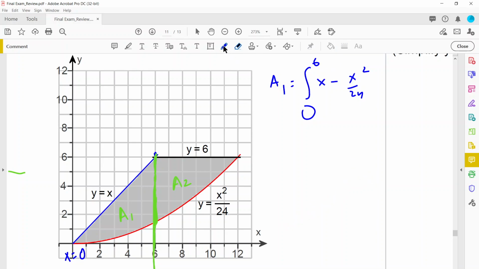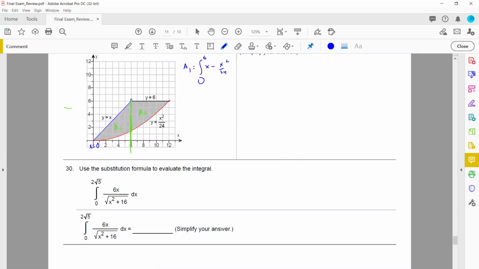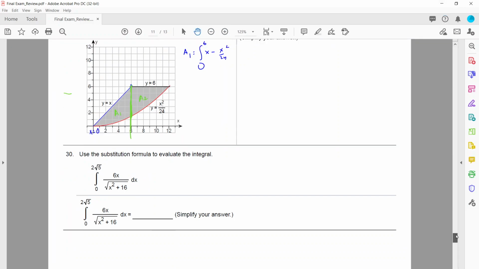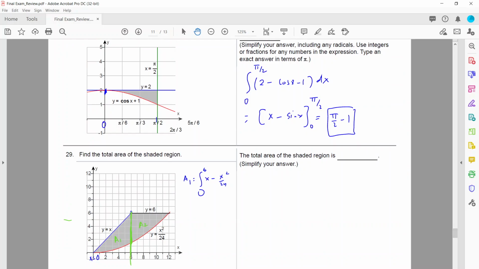You need to find this integration. For a2, you start from 6 and you go up to this point, which is 12, 6 minus x squared over 24. Okay, that's how you can find the integration.